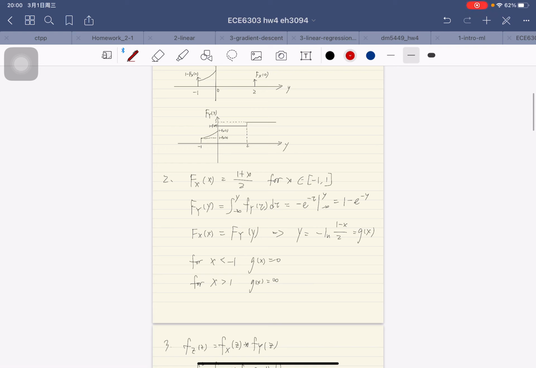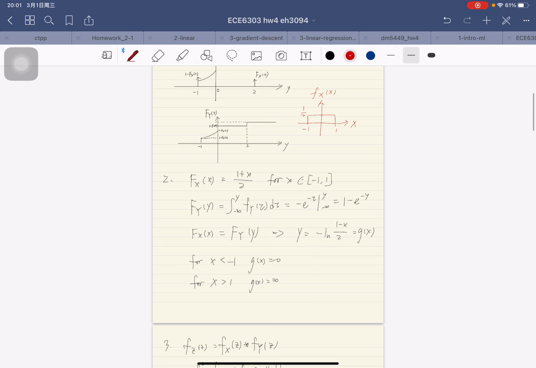Now I'll talk about the second problem. The random variable x is uniform in -1 to 1, so the PDF of x should always be a half, 0.5, from -1 to 1.